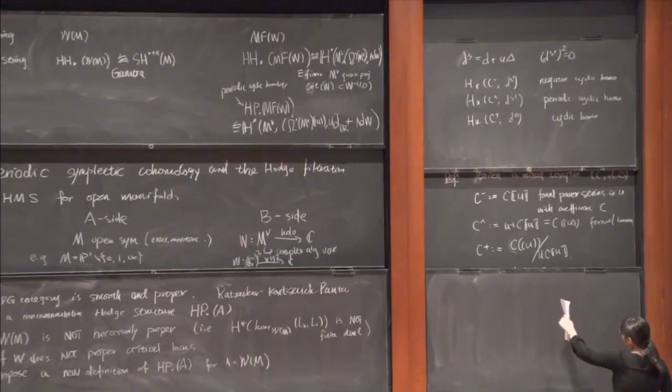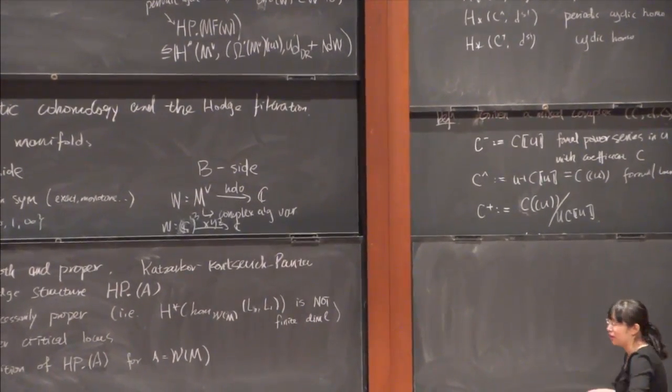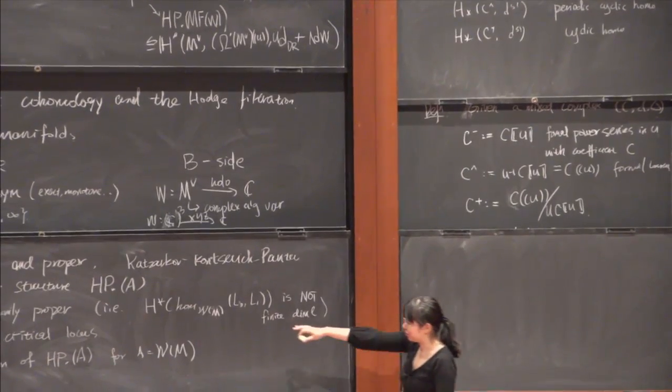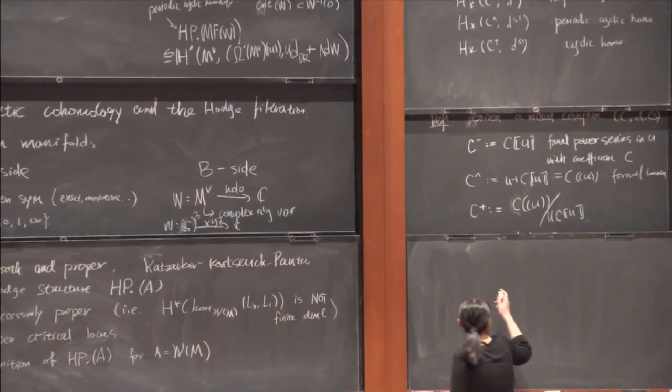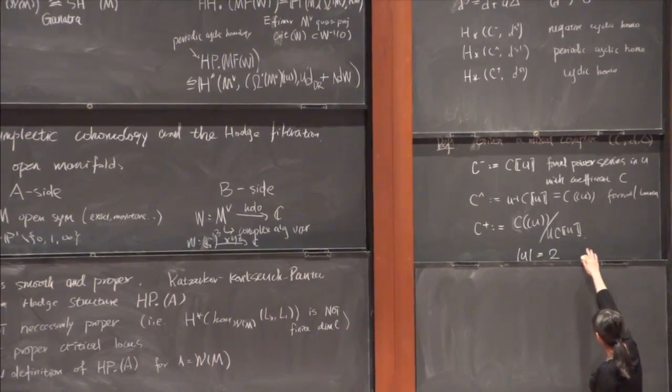Why you want to consider this is that the de Rham part of the data for a non-commutative Hodge structure is the homology of this.